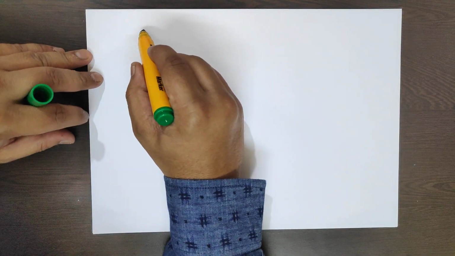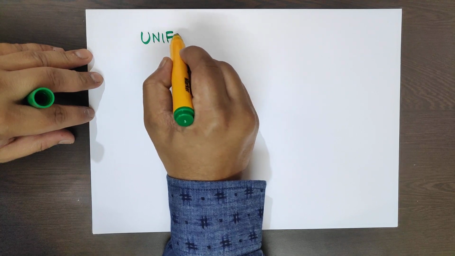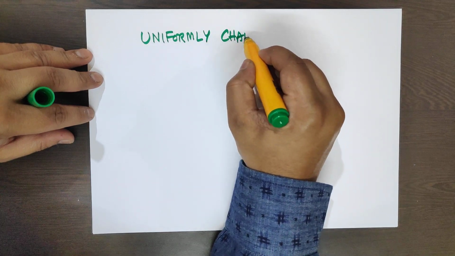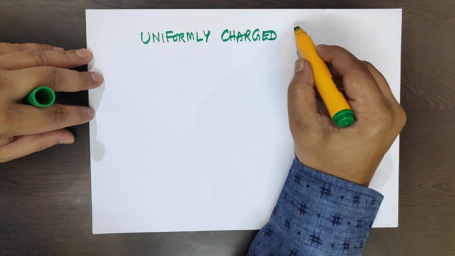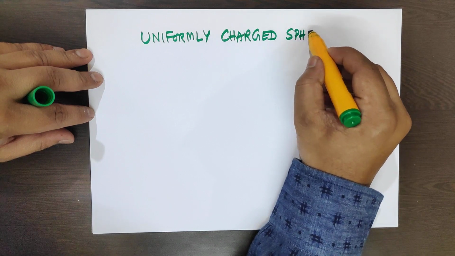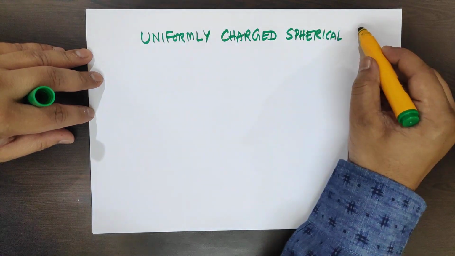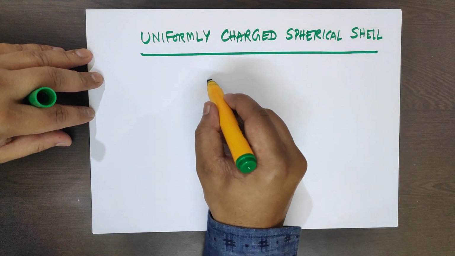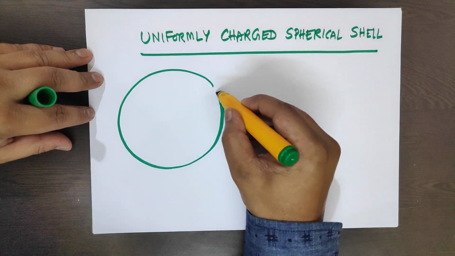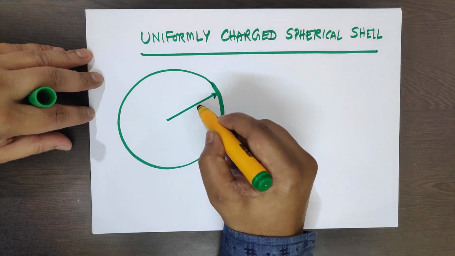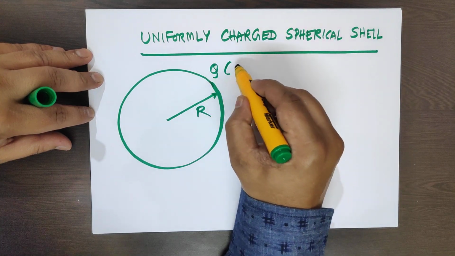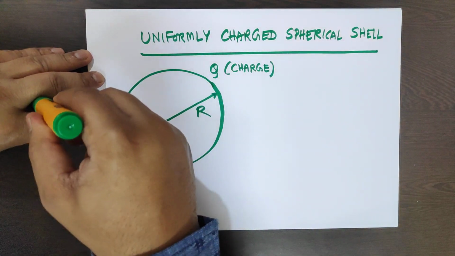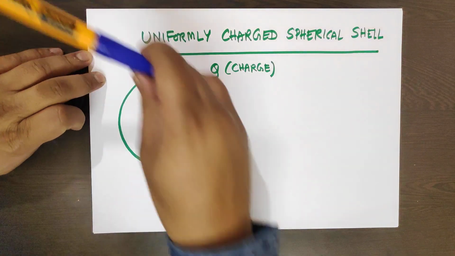Here also, for uniformly charged shells, if you have a uniformly charged spherical shell like this, it has radius r and charge q, then if you use the same logic as gravitation, we have done the proof also there.